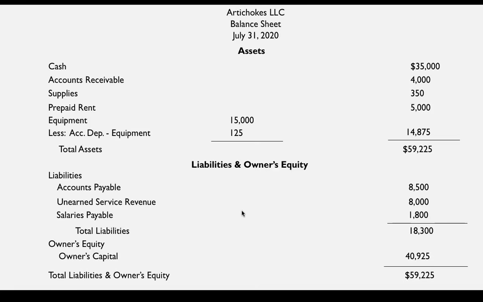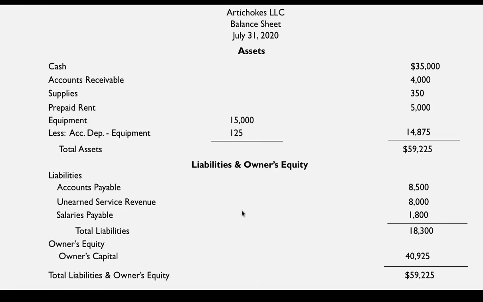That is not a coincidence, right? This is one of those situations where they need to equal. Your total assets must equal your total liabilities and owner's equity. Now, the good news, if you've done everything right up to this point, they're going to equal, right?